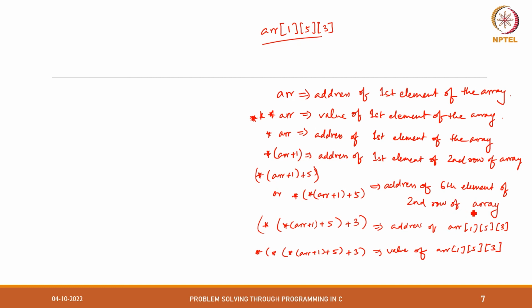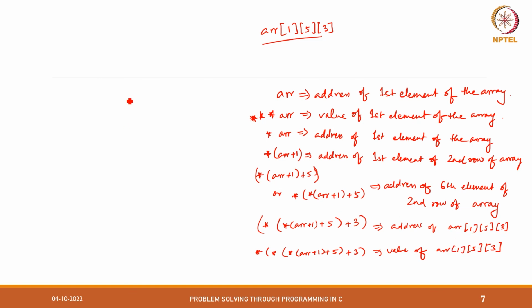Now if we add a plus 3, that is we need to move to the third index in the third dimension. Now this refers to the address of ARR of 1, 5, 3, right? And if we put another star, then we get the value of ARR of 1 of 5 of 3.